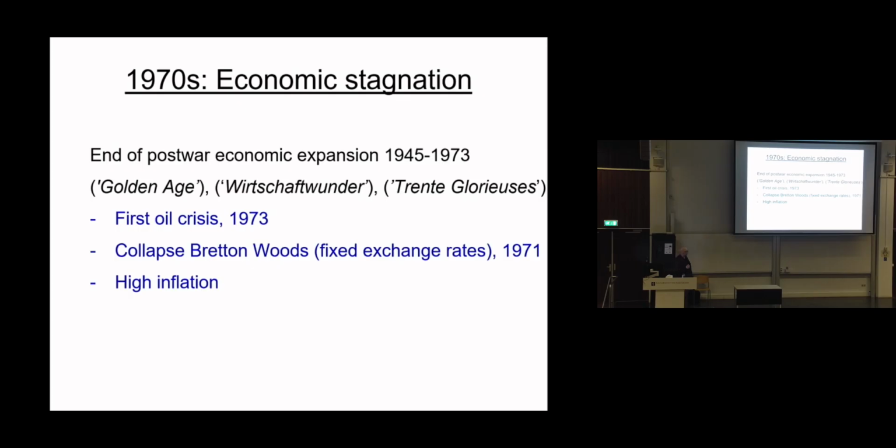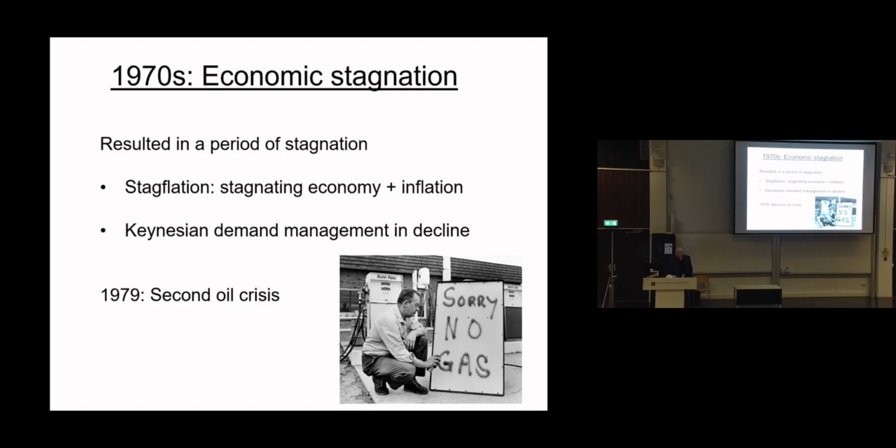We saw the collapse of the Bretton Woods system, a system of fixed exchange rates, in 1971 and 1973, causing high inflation. So it was a time of unrest and macroeconomic instability. It was a period of stagnation, and a word was coined: stagflation, a stagnating economy combined with inflation, prices going up.